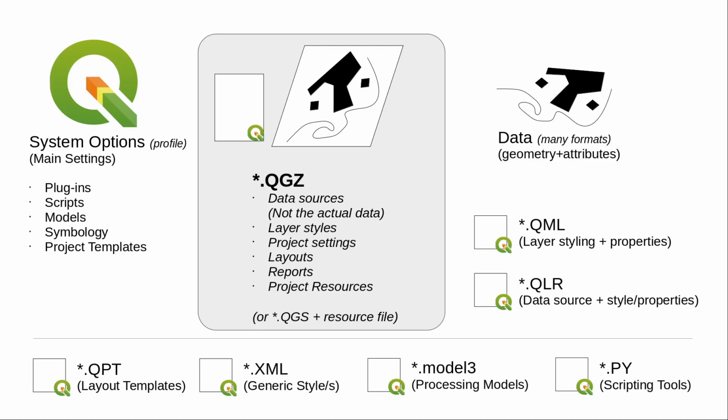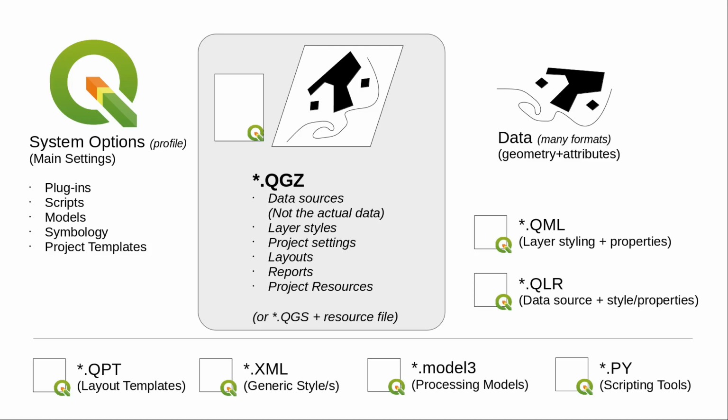So it only contains a pointer towards the data, not the data itself. Except for that, everything the project needs is included in the project file. The styles for the layers, project settings, any created layouts or reports, and some other project resources.